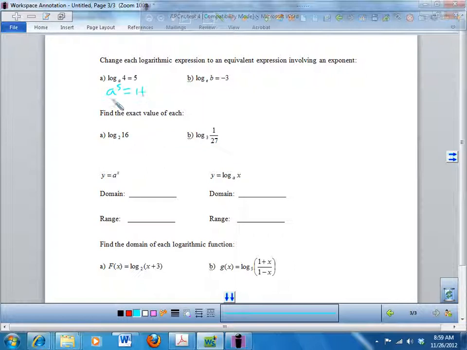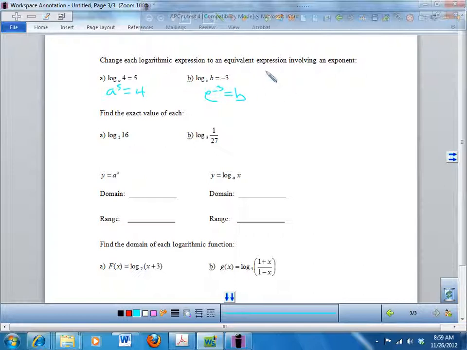This to this equals this. This is, what's that, an e down there? Yeah. So this is e to the negative 3 equals b. And so you could actually find a numerical answer to this one. This one you can't, but e is a button on your calculator.